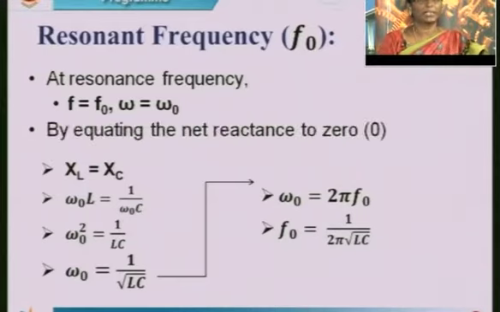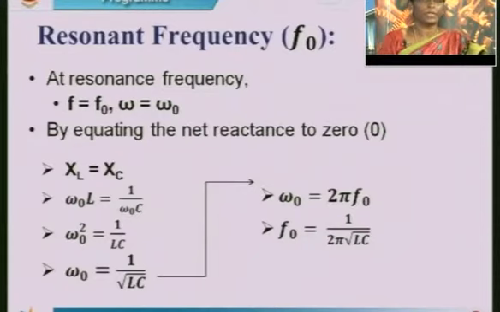When we substitute this condition by equating the net reactance to 0 at f equal to f naught, omega equal to omega naught, we derive the expression for the resonance frequency of the series resonance circuit. That is, XL is equal to XC.